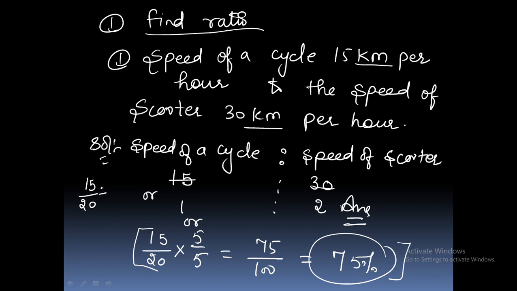15 by 20, divide by that number which will divide both numbers, and after dividing we will get that fraction which cannot be further divided. For example, we take here 5. 5 threes are 15, 5 fours are 20.